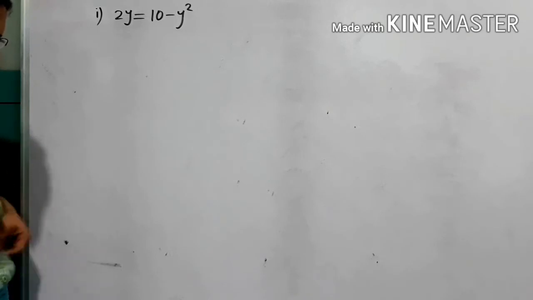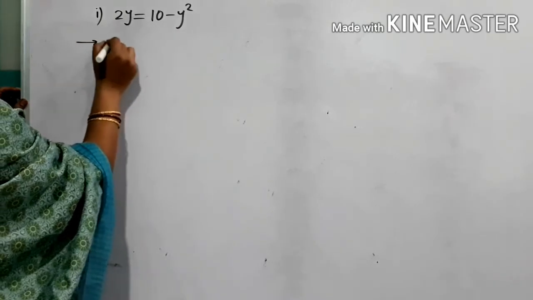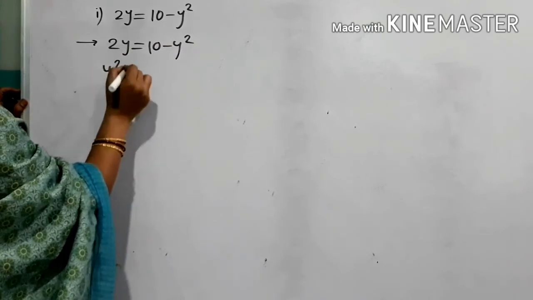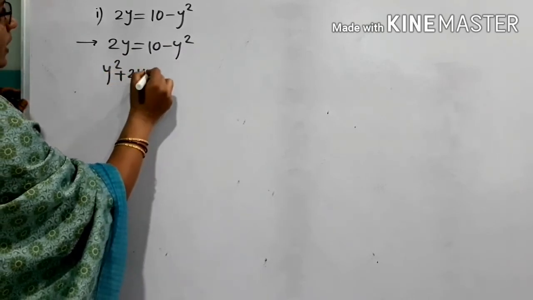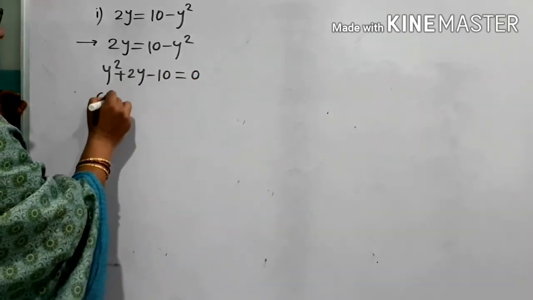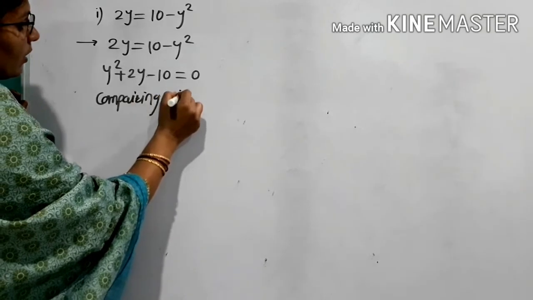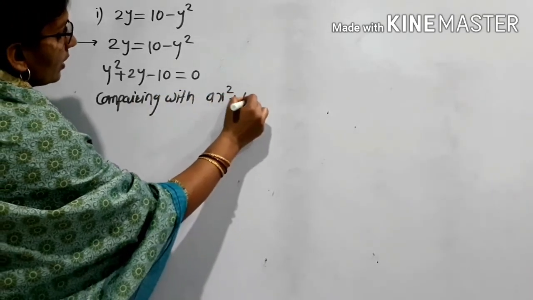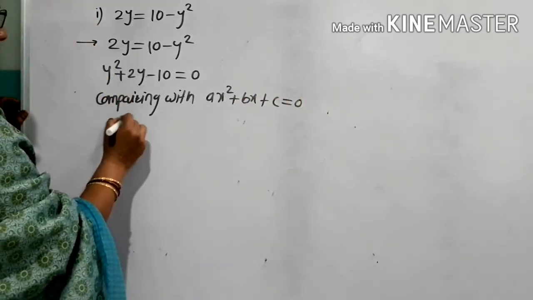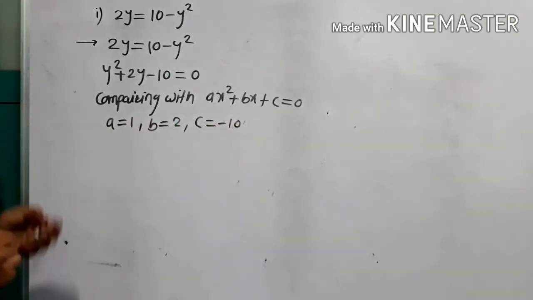Write this equation in standard form or general form. y square plus 2y minus 10 equal to 0. Comparing with ax square plus bx plus c equal to 0, we have a equal to 1, b equal to 2, and c equal to minus 10.